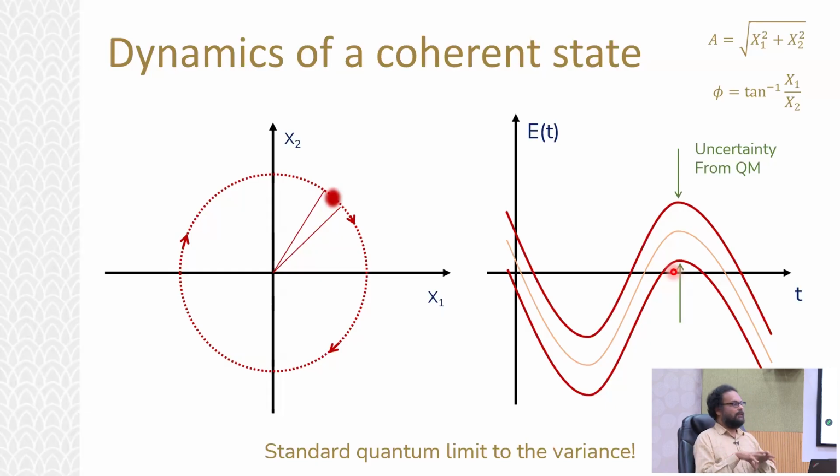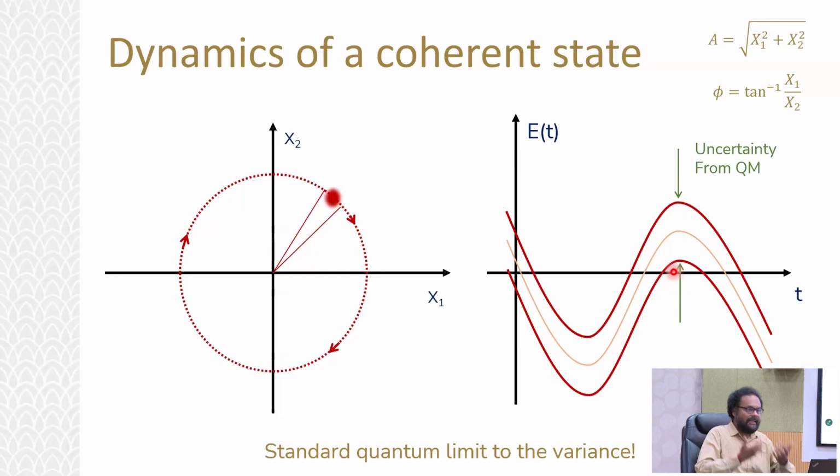This is what is referred to as the standard quantum limit to the variance. When you do a measurement, even in the spectacular case where your laser is absolutely stable, your detectors are also perfectly efficient, 100%, whatever, intrinsically your light comes with a variance built into it.